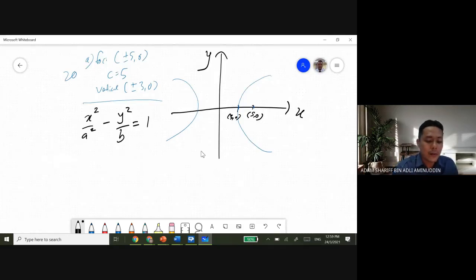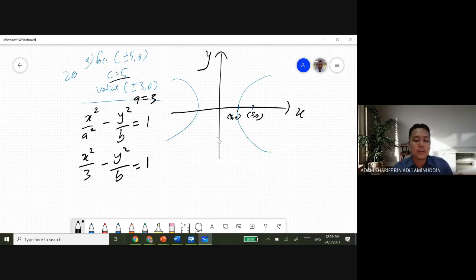We know right now about the C, and right now vertices plus minus 3, 0 ni, dia sepatutnya adalah nilai A. Okay, so you can write down A here safely. You know that A is 3 minus y squared over b equals to 1. So, sekejap saya check. Takut, okay.